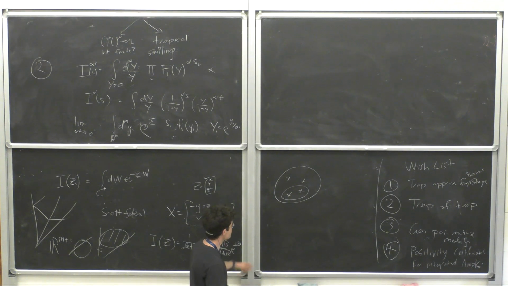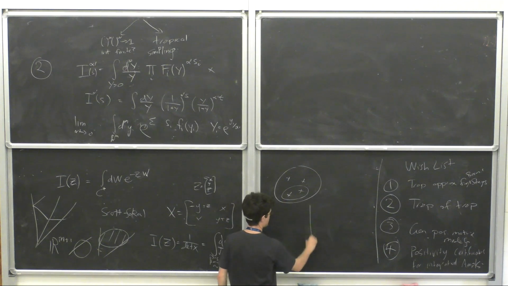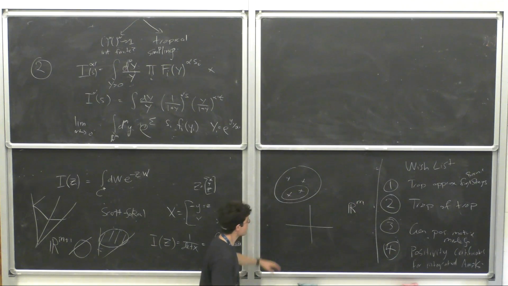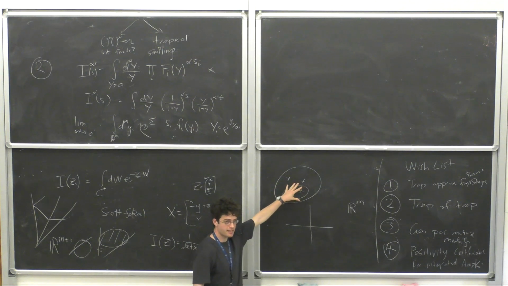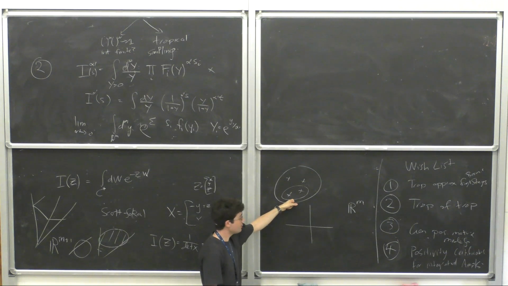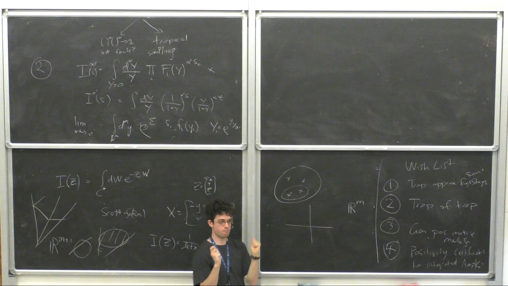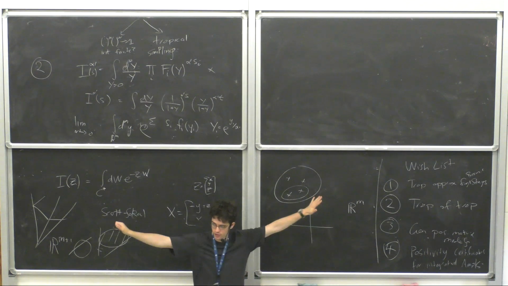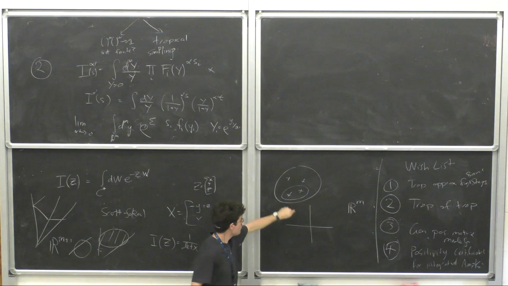The problem is that in the vector space, so here we are back in R to the M, after I've tropicalized my positive parameterization of the moduli space, each of these boundaries... I start with big Y going from 0 to infinity, and then a global presentation of the moduli space.